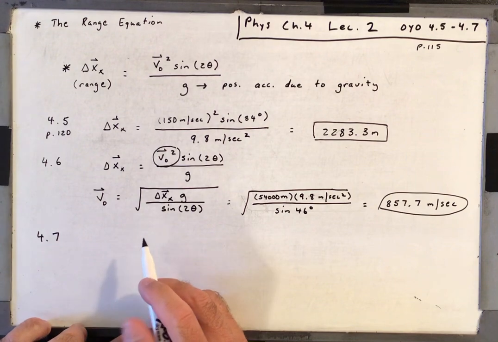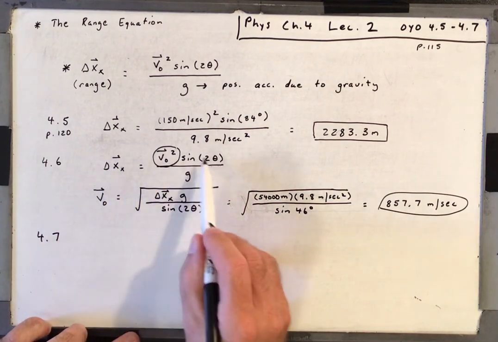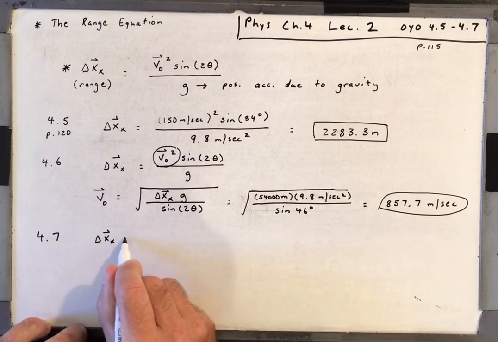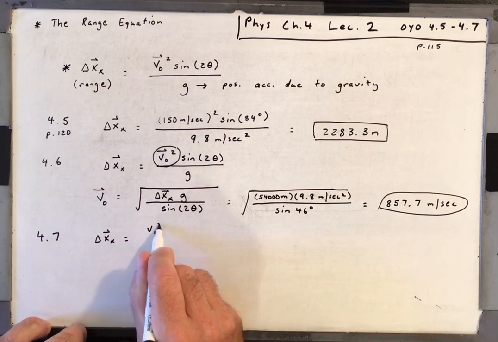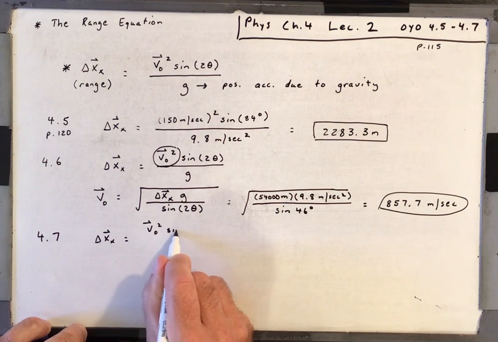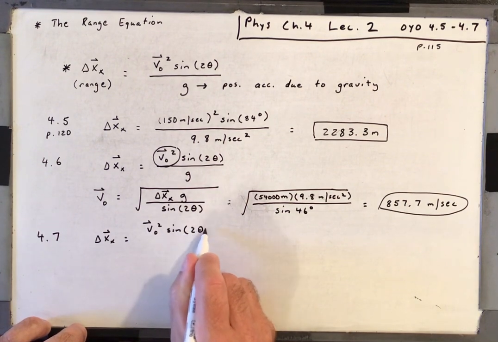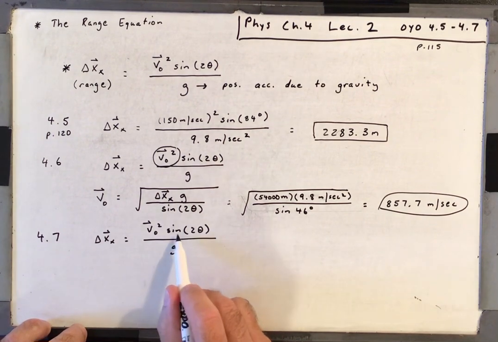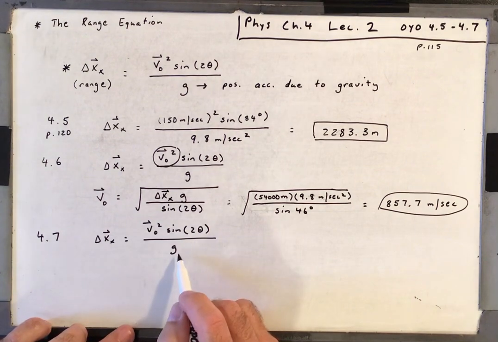Okay, so we have this equation, delta x sub x is equal to v naught squared times the sine of 2 theta over g. This time we want to solve for the angle. So I'm going to solve for sine of 2 theta and then work from there.